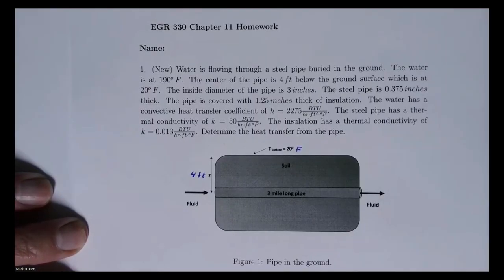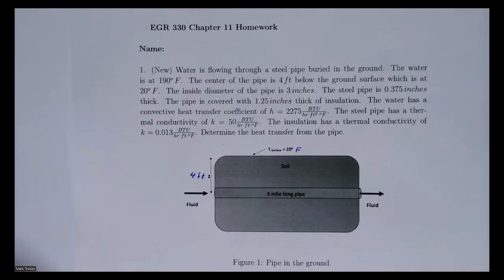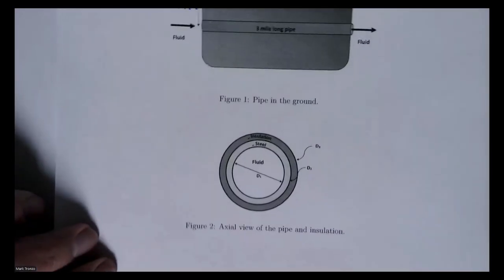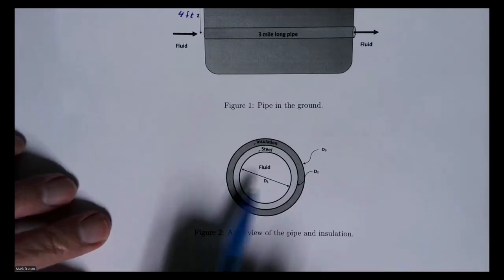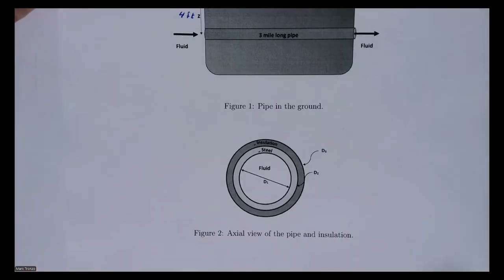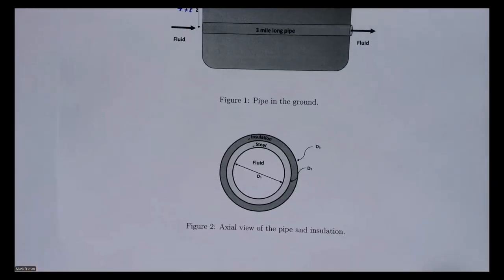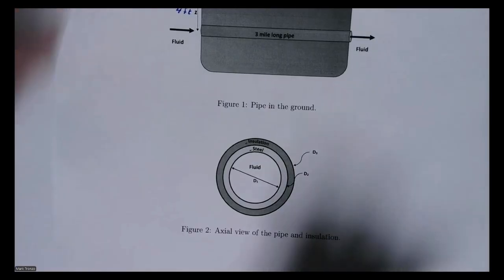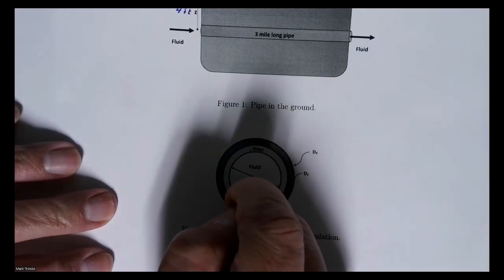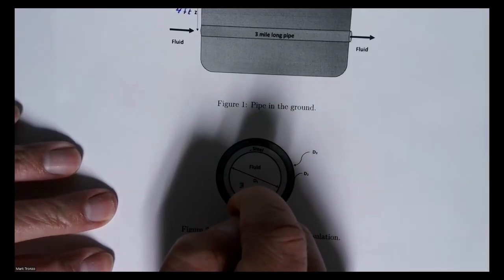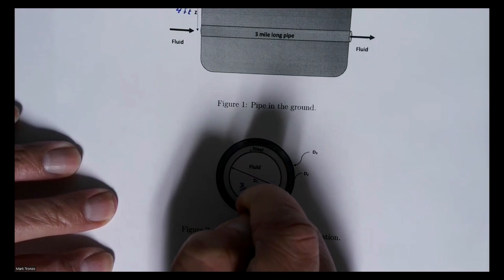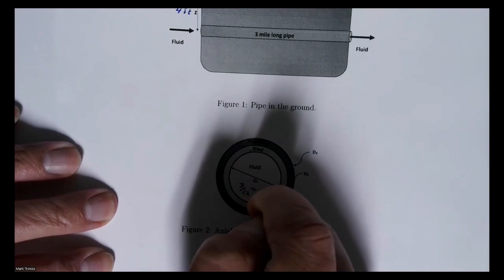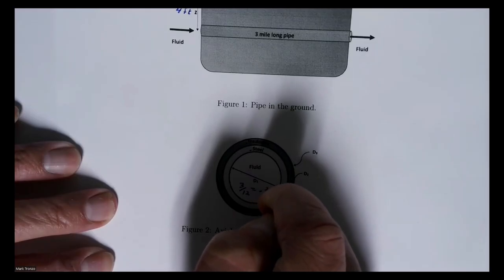And we have our information given, and you can think that we have something like this. And actually, I'm going to put some of these diameters on in feet. So the diameter of the pipe is 3 inches. So it's going to be 3/12, of course. That's going to be 0.25.